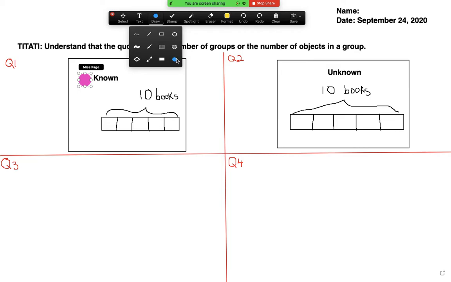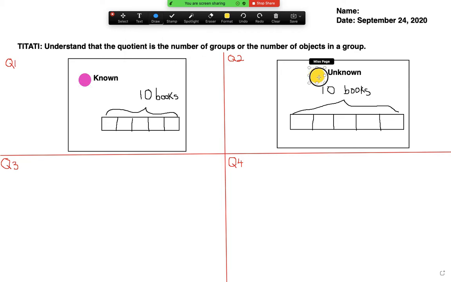And unknown is going to be yellow. Those are common highlighter colors. If you don't have those, you can switch out those colors. These are the ones I'm going to use, okay? But make sure they're 2 different colors. If you're using crayons, you can pick the pink and the yellow crayon.